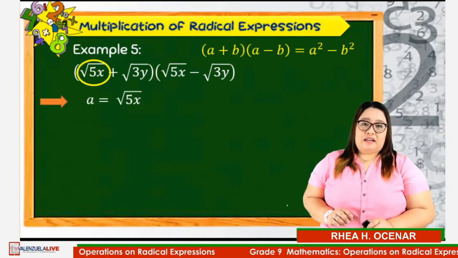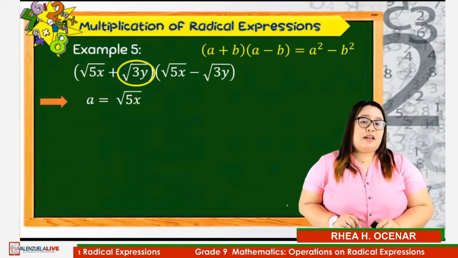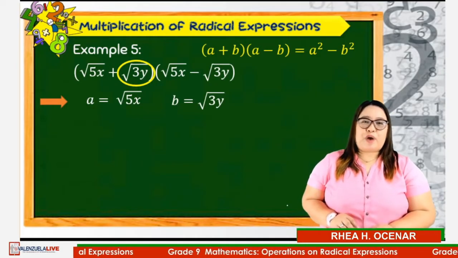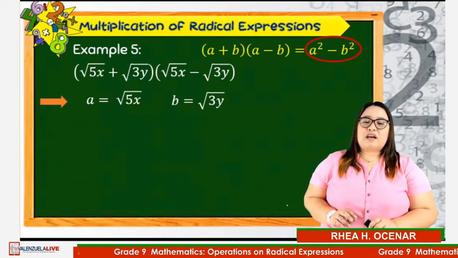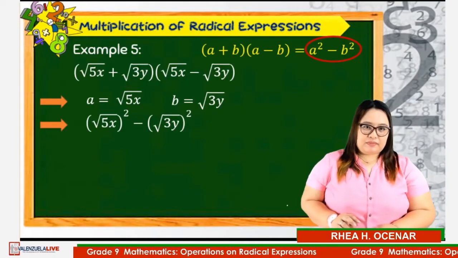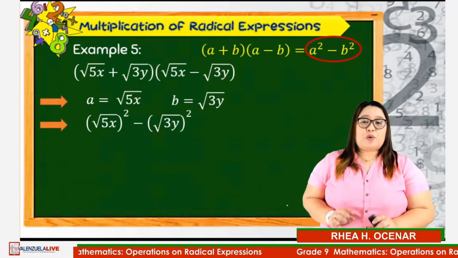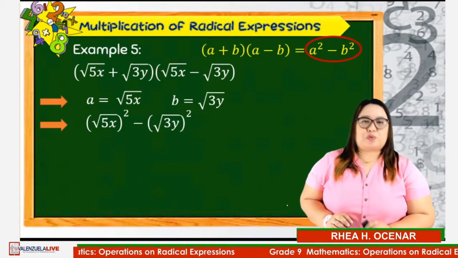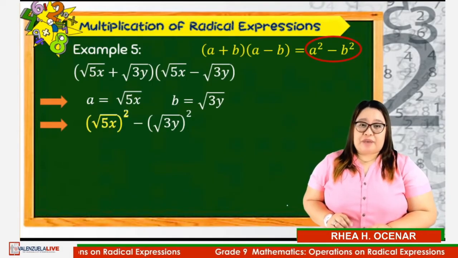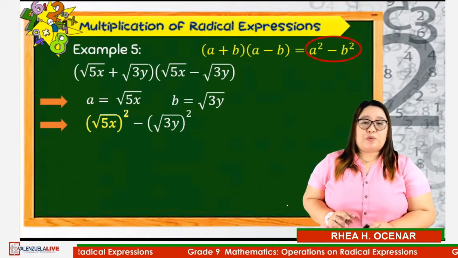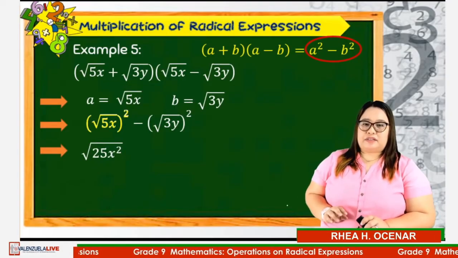Let a be equal to square root of 5x and let b be equal to square root of 3y. By substitution, we have the quantity square root of 5x squared minus the quantity square root of 3y squared. Simplifying, square root of 5x times square root of 5x, we have square root of 25x squared.